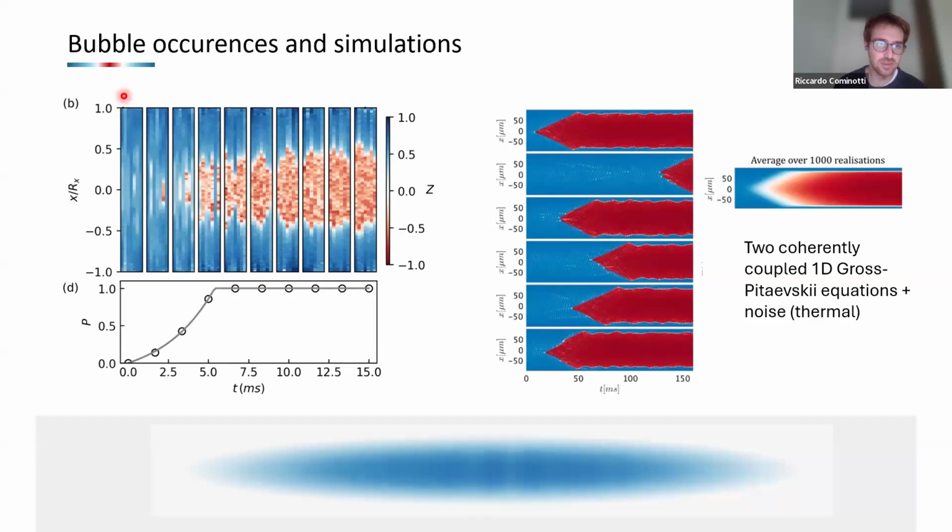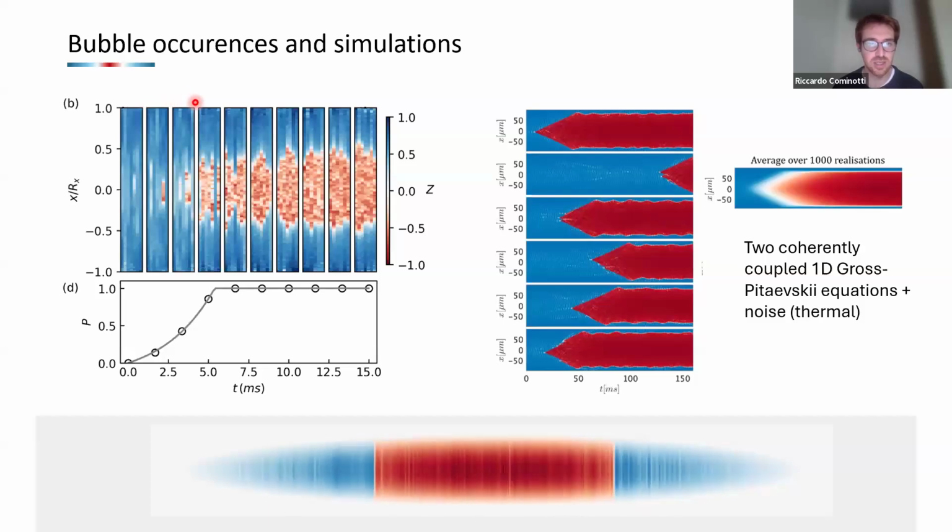Now, for the experiment, what I report here are the values for the integrated magnetization as a function of space and as a function of time. Each window here collects shots taken at the same time. And what we see is that at early times, there is no transition towards the ground state, or at least we only see one bubble out of 10 forming.